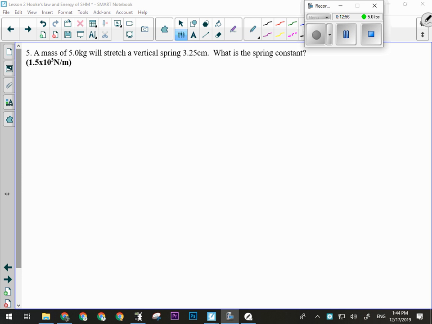On this one here, this is a Hooke's law question. We have a mass of 5 kilograms, which means that its weight is going to be 49.05 newtons. That weight is pulling down on the spring. So when I hang it on the spring, the spring is pulling upwards with 49.05 newtons of force. It's stretching it 0.0325 meters.